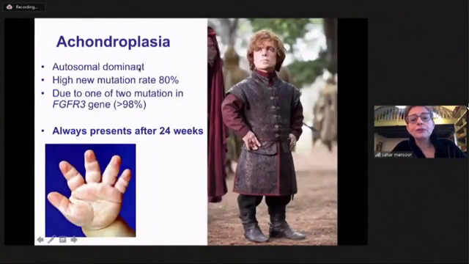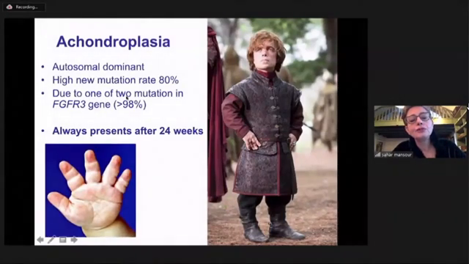It's an autosomal dominant condition, so it can be inherited, but most cases are new mutations in the gene, 80%. So in 80%, you will not have a family history. Of course, if you have a family history, the diagnosis is very simple to make. Genetic testing is really cheap and easy.